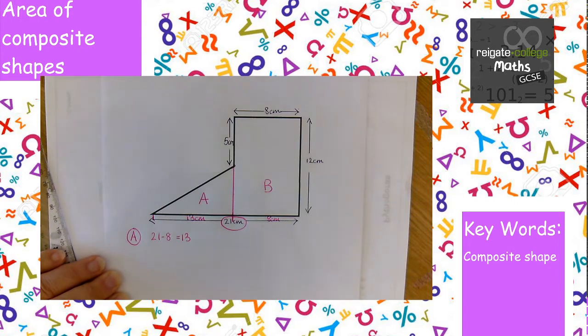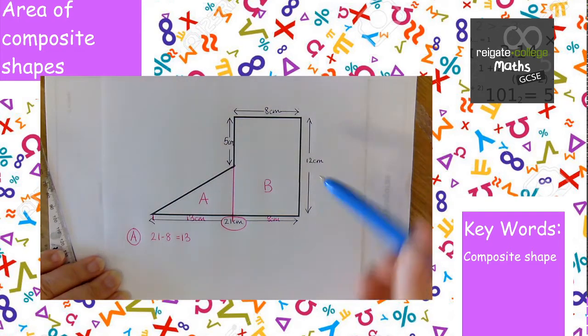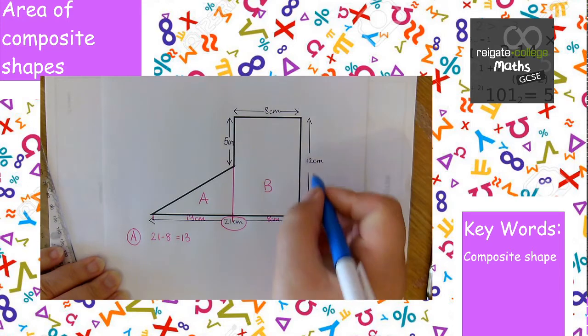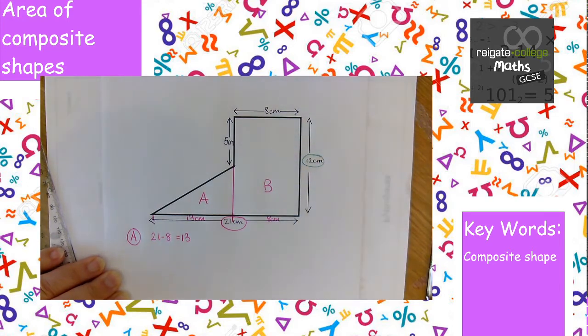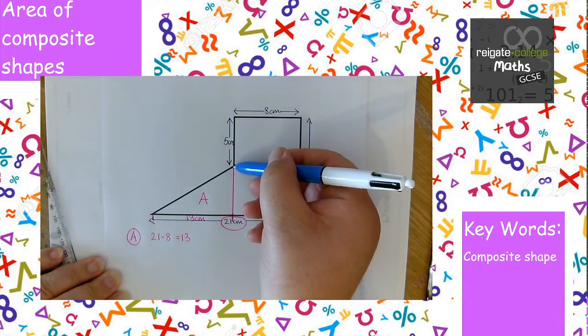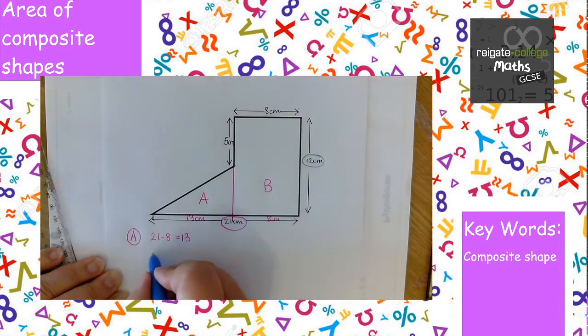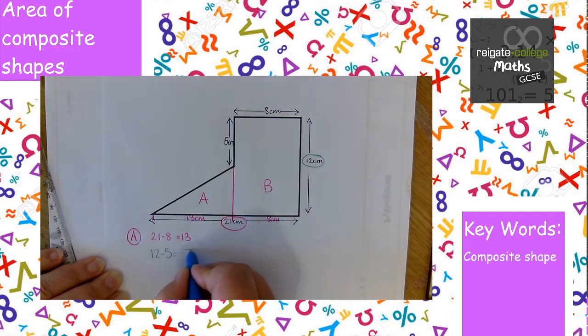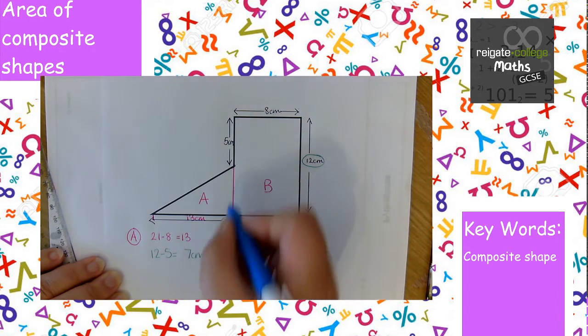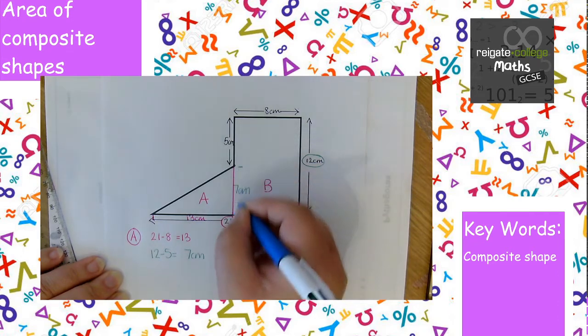I'm going to do a similar calculation for the height of my triangle because, as you can see, the entire height of the shape is 12 centimetres. This part of the rectangle is 5 centimetres. So if I deduct that 5 centimetres from the 12, the 7 centimetres I have left is the height of my triangle.